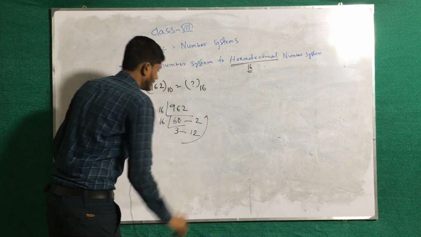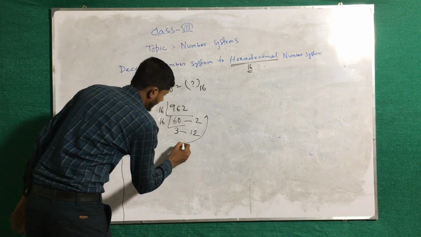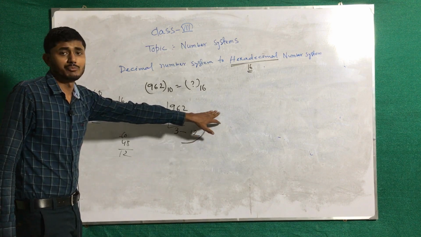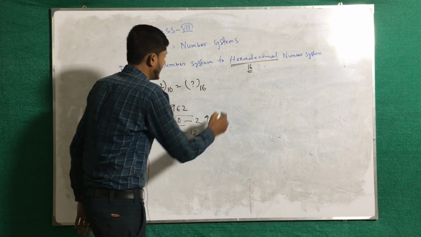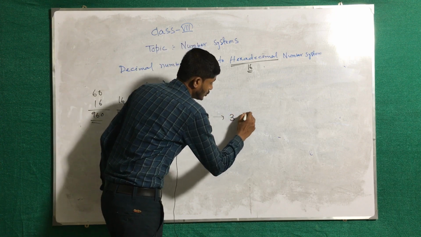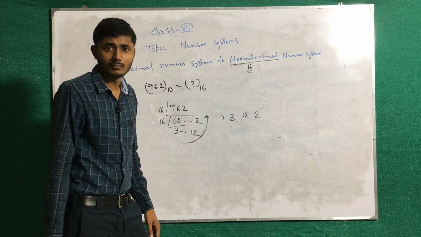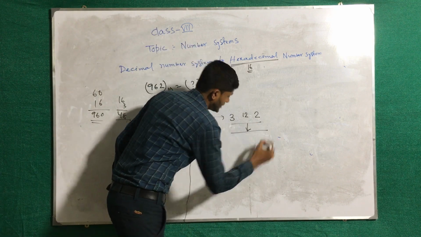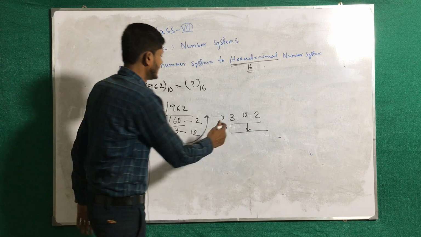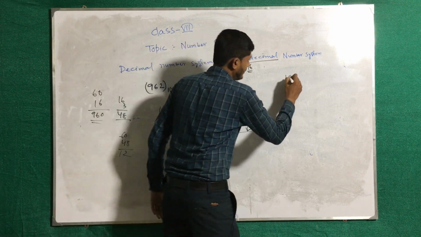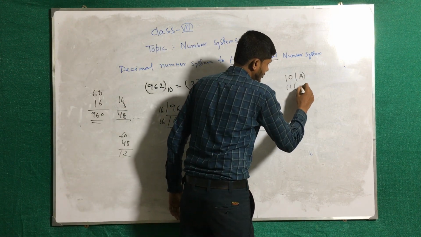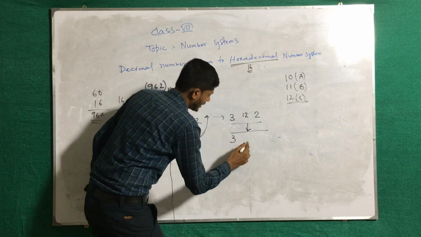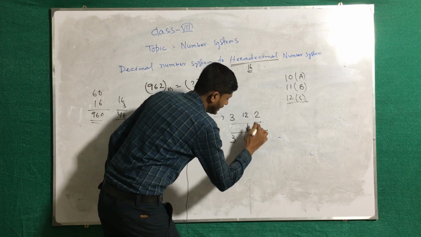Now, the answer is written from here to here, that means bottom to top. So, the answer is 3, 12, 2. Now, it is converted into hexadecimal form. 10 means A, 11 means B, 12 means C. So, 12 can be converted into C: 3, C and 2.